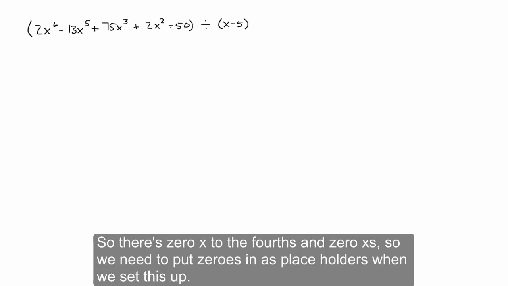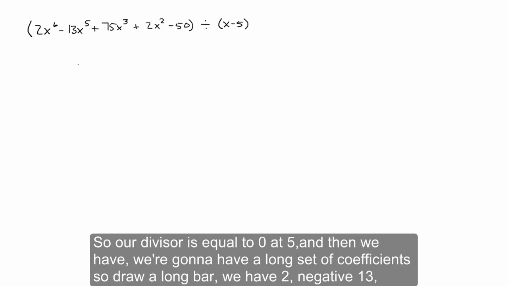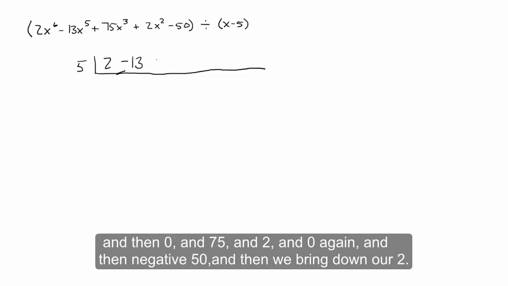So we need to put zeros in as placeholders when we set this up. So our divisor is equal to 0 at 5. And then we're going to have a long set of coefficients, so draw a long bar. We have 2, negative 13, and then 0, and 75, and 2, and 0 again, and then negative 50.